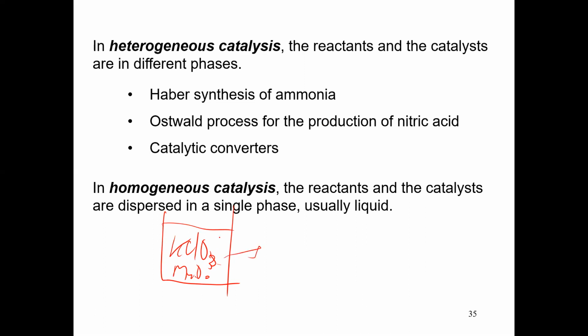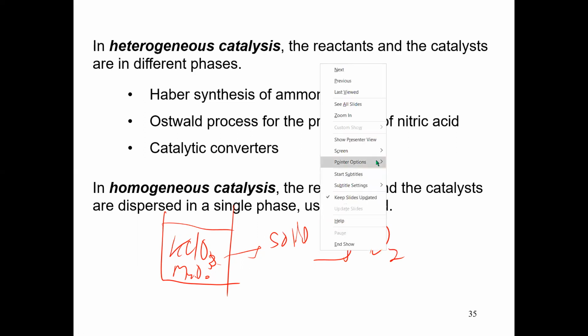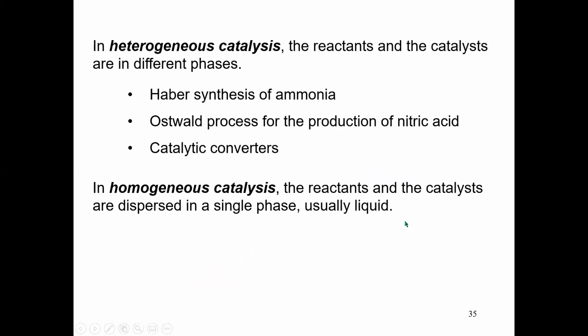In this case, you have both in the same phase, and these were both solids. You heated it up, it liquefied, and then you ended up with these interacting together, and you got the oxygen coming off. That was the homogeneous catalysis in the previous experiment, with those things melting. Acid catalysis and base catalysis are two examples.